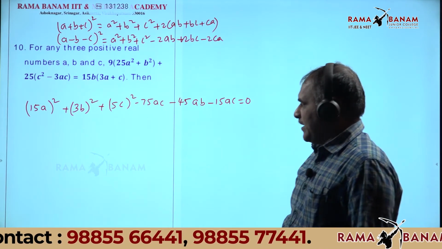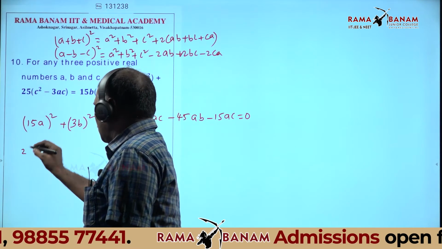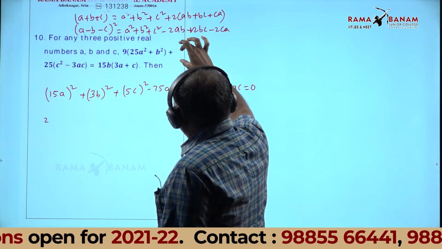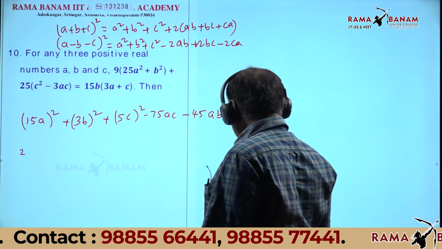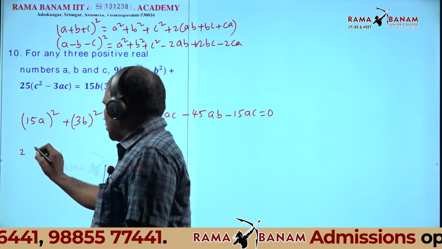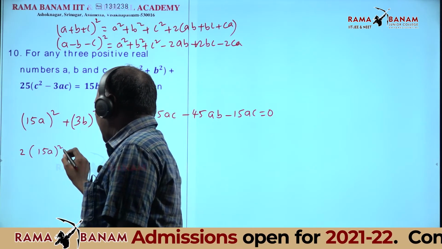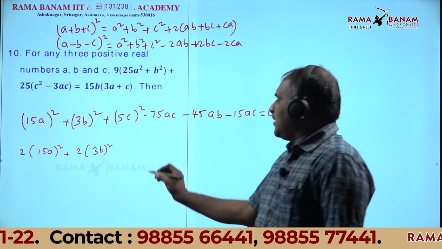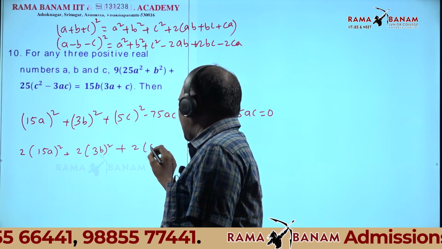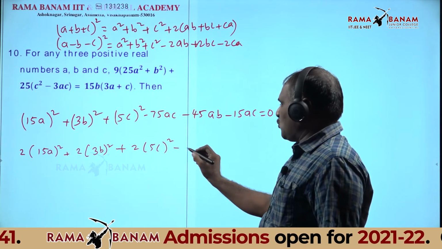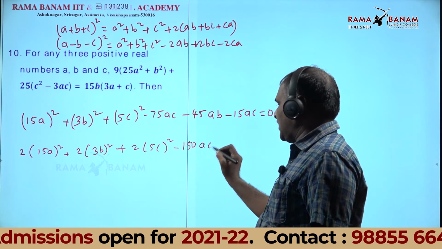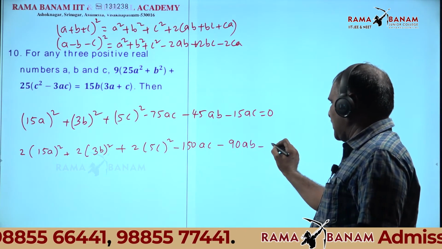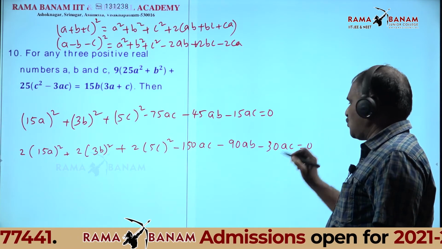Multiply the entire equation by 2. Observe this: 2 into 15a whole square plus 2 into 3b whole square, next 2 times 5c whole square, minus 2 into 75, that is 150ac, next minus 90ab minus 30ac is equal to 0.